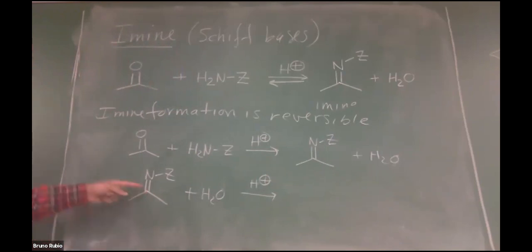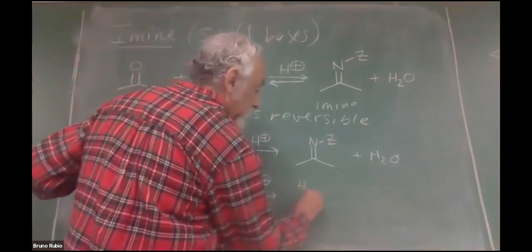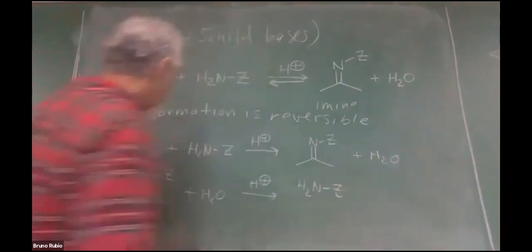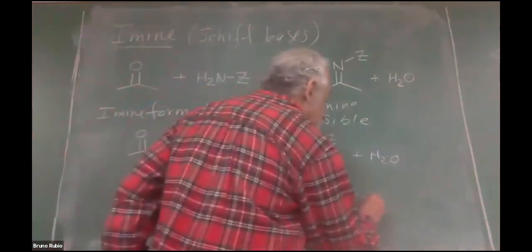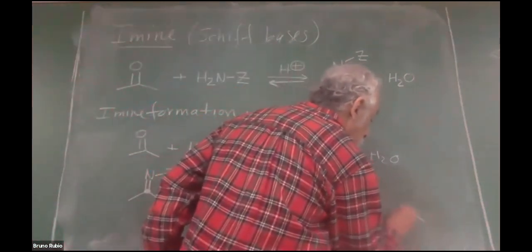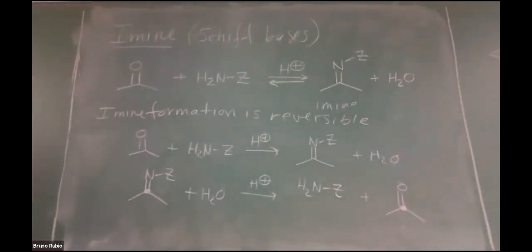The imine nitrogen reverts to a primary amine nitrogen. The imine carbon, I'm going to put a little dot on it, reverts to a carbonyl carbon of an aldehyde or a ketone. So this is what we mean by imines being formed reversibly.